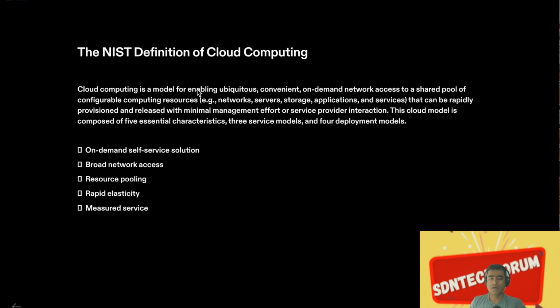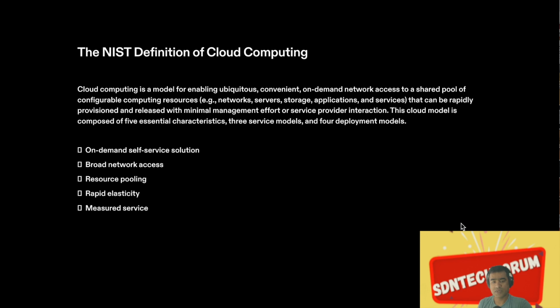Before we go to the CloudWatch, let's revisit, take a step back because it's been a while. We looked into cloud computing definition. So let's review the NIST definition one more time. So cloud, according to NIST, cloud computing is a model for enabling ubiquitous, convenient, on-demand network access to a shared pool of configurable computing resources.